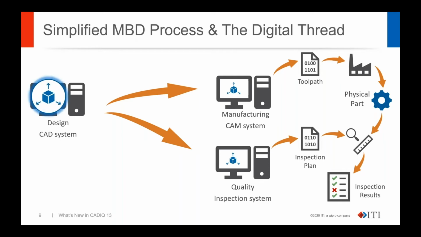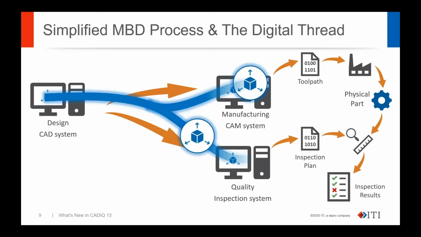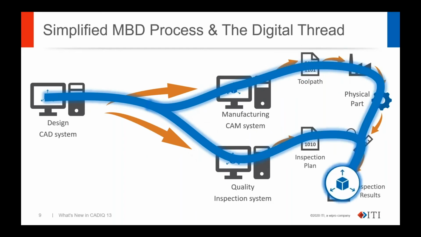And you've probably also seen and heard about this idea of a digital thread, right? That's the whole concept of reusing your CAD model throughout that whole process, basically reusing that CAD design through the entire value chain and downstream systems.